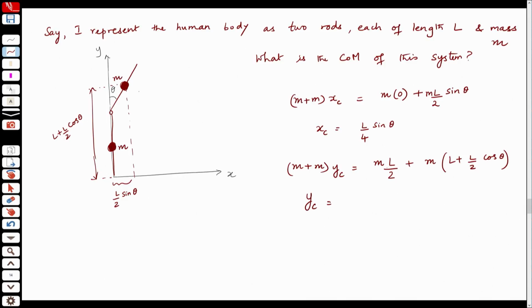So, my y coordinate is three L by 4 plus L by 4 cos theta. So, you can see that the center of mass of this system is going to change as theta changes.